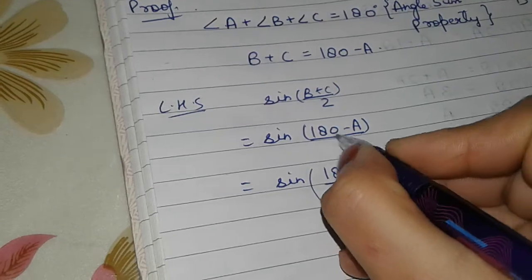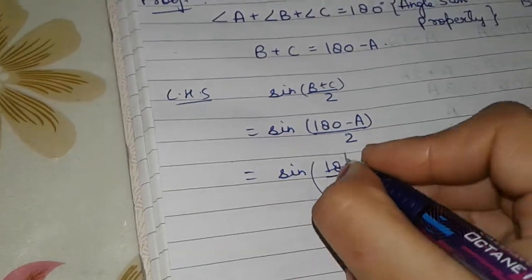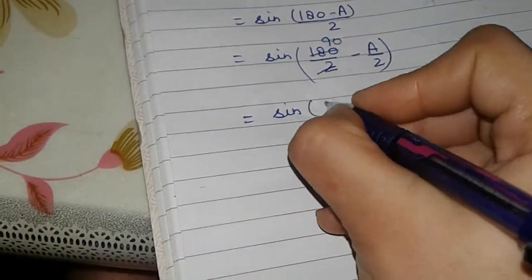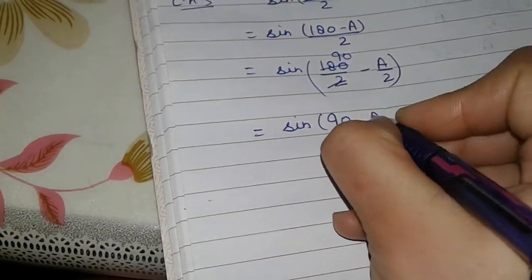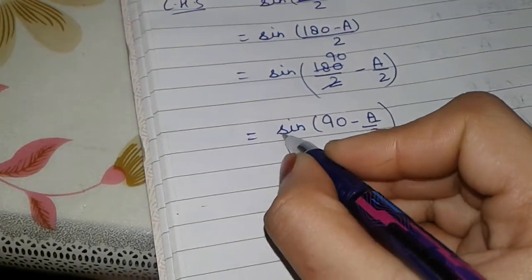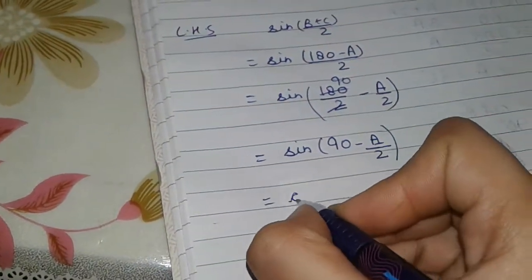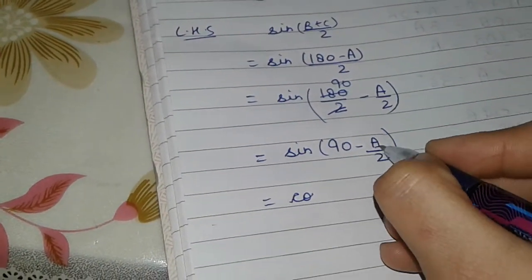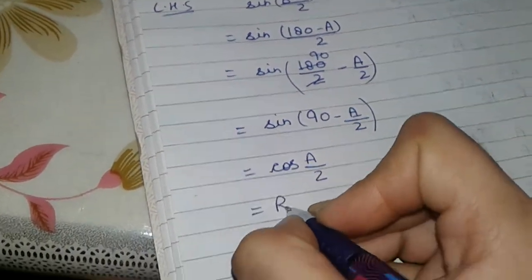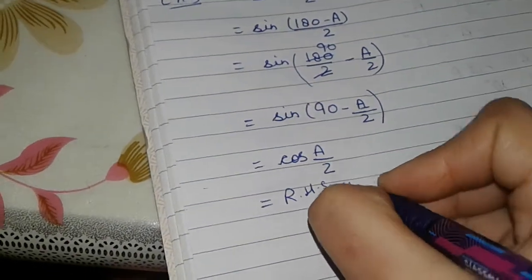It will be 90. The equation will become sine of 90 minus A upon 2. Okay. And we know that sine 90 minus A is equal to cos A. Angle will be this, A upon 2. Cos A upon 2, and it is equal to the right hand side. Hence proved.